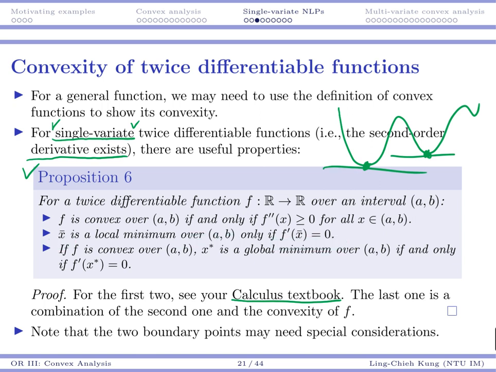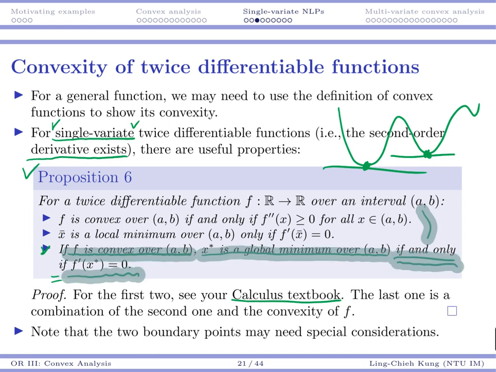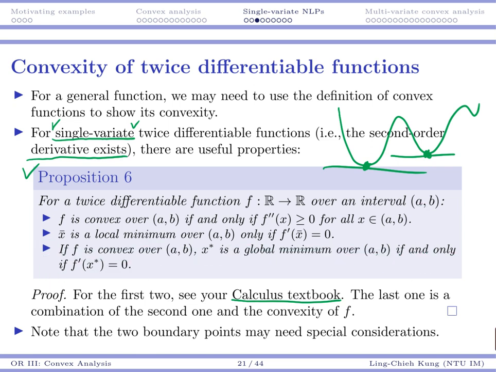The last condition is that if f is convex over a region, then combining the first two, we would say that f prime of x star being 0 implies that x star is a global minimum, or the other way is also true. So what does that mean? That means if f is convex, then a local minimum implies a global minimum.